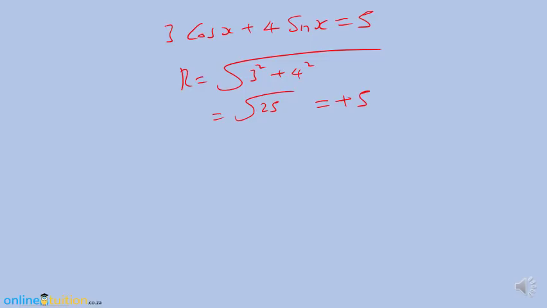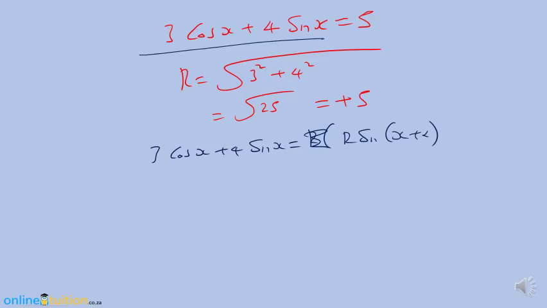Now, what about the angle alpha? Think about this carefully. What I want to do is write the left-hand side, 3 cos x plus 4 sine x, as r sine of x plus alpha.